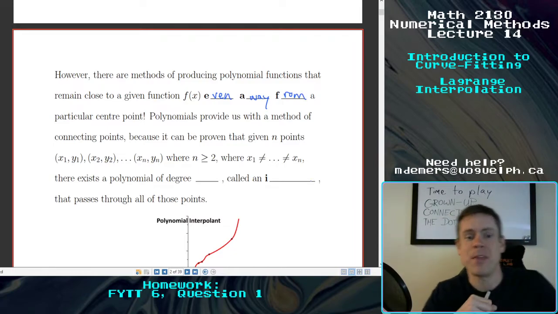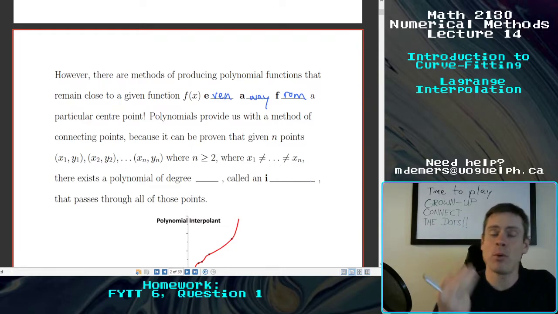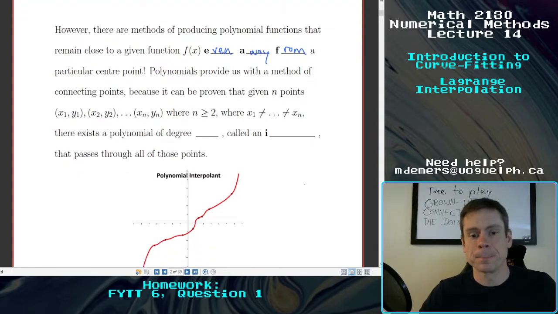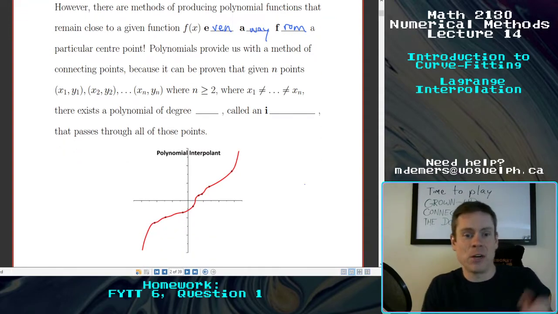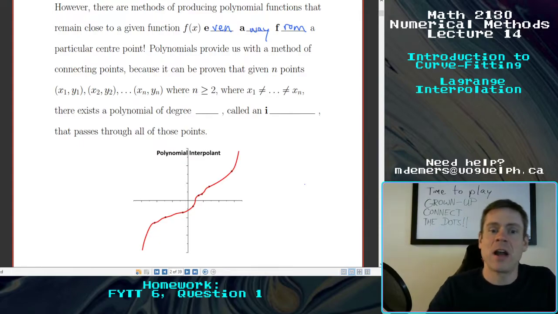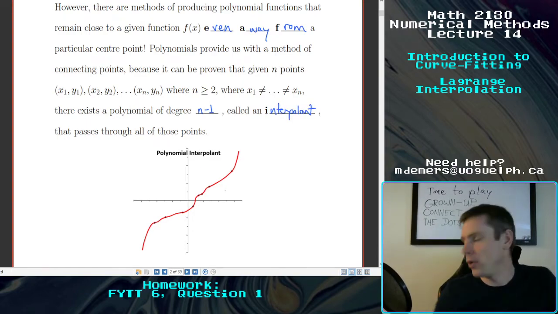Polynomials provide us with a method of connecting points because it can be proven that given n points, and we're talking about 2 dimensions here, x1, y1, x2, y2, all the way through, so we have at least 2 points here, with none of the different x values being the same, there has to exist a polynomial of degree n minus 1, called an interpolant, that passes through all of those points.